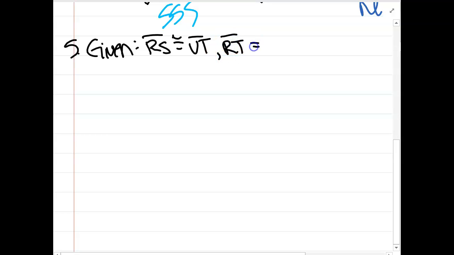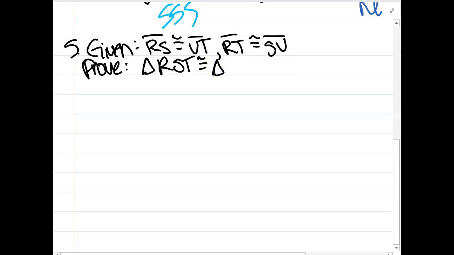Side RT is congruent to side SU. We want to prove that triangle RST is congruent to triangle UTS.